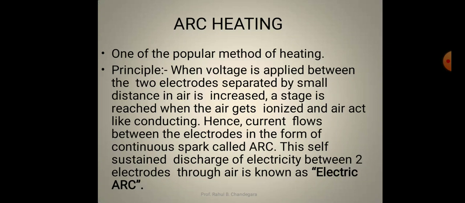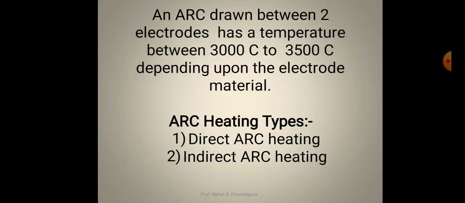This self-sustained discharge of electricity between two electrodes through air is known as an electric arc. An arc drawn between two electrodes has a huge temperature, 3000 degrees Celsius to 3500 degrees Celsius, depending upon the electrode material.